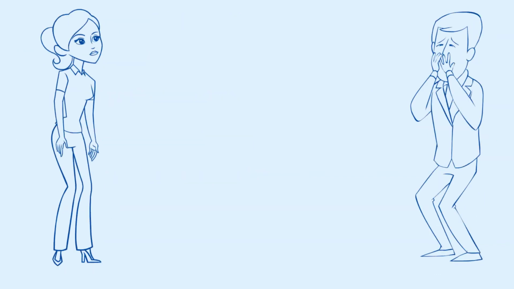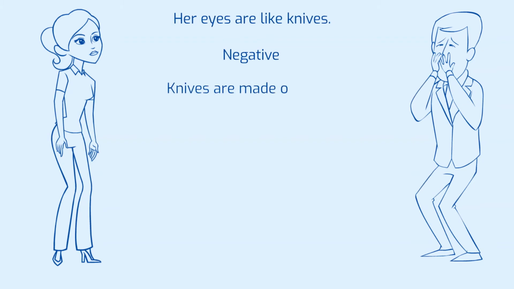Alright, so now to my favourite part, describing the effect these similes have. Let's see. Her eyes are like knives. Yikes, doesn't sound good, does it? Quite negative. So, let's start with a bit of visualization and word association. What do we know and feel about knives?